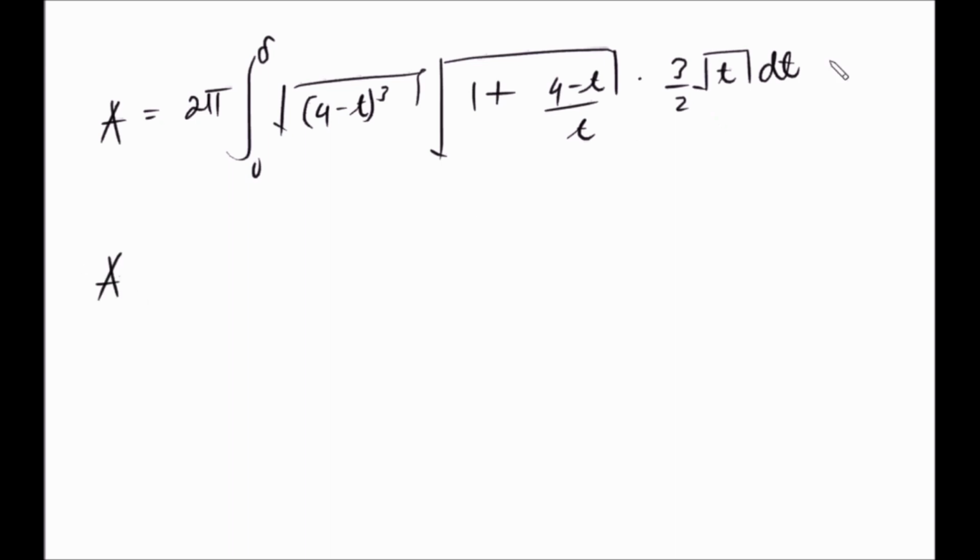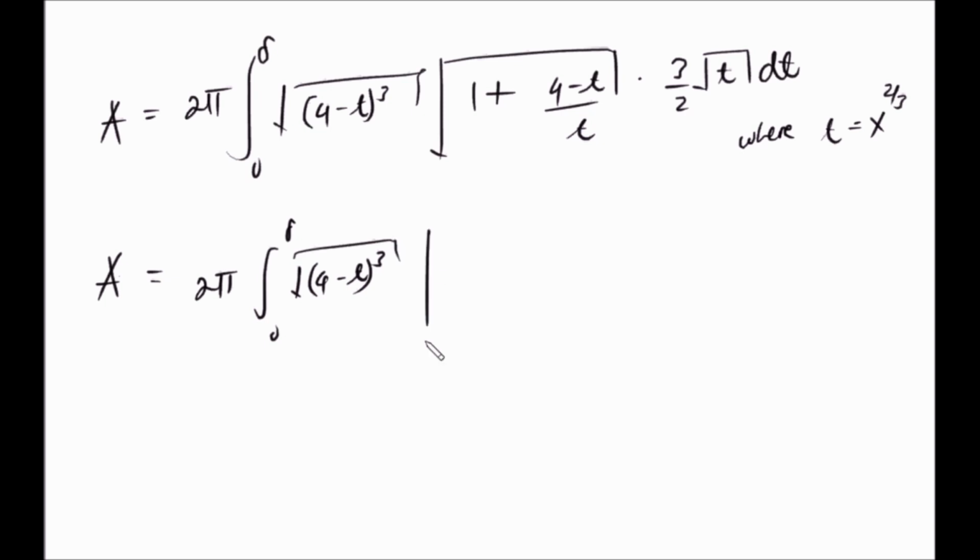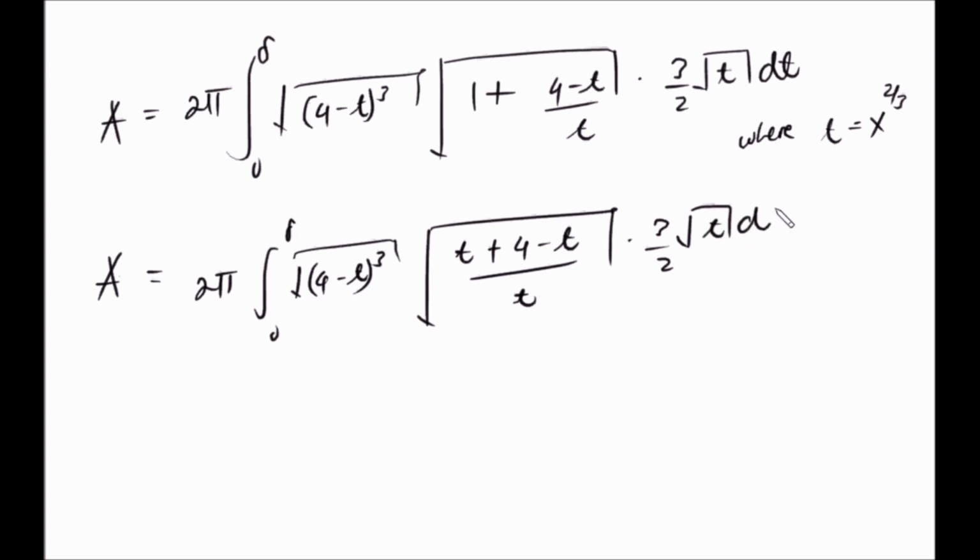So let's flow, but remember now t ni sawa na nini? X power 2 over 3. So area itakuwa ni 2 pi 0 to 8, so tuna 4 minus t cube under root, alafu hapa nitakuwa na t plus 4 minus t over t times 3 over 2 the square root of t dt.